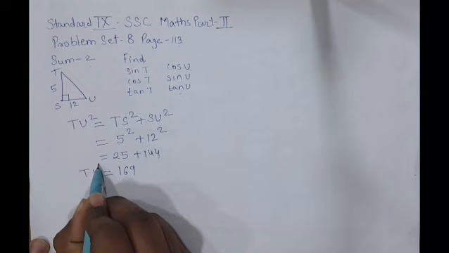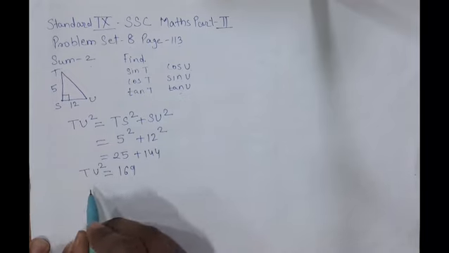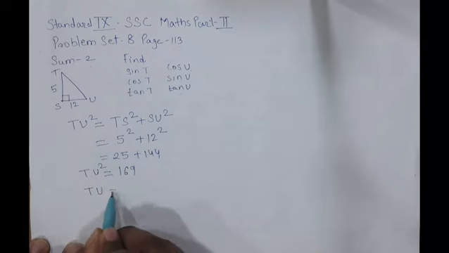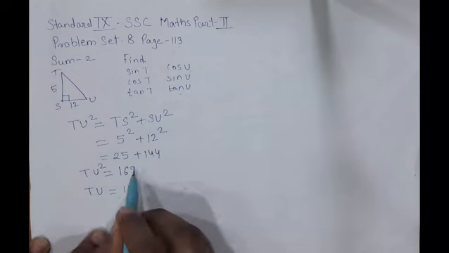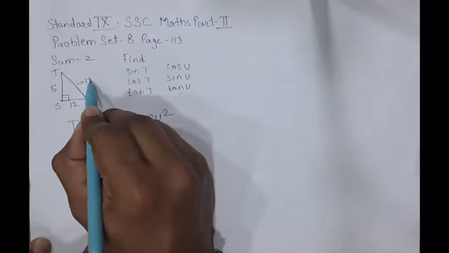So PU square is 169. Taking the square root on both sides, we get PU as 13. Square of 13 is 169 and the other way around, square root of 169 is 13. So we will just write here 13.